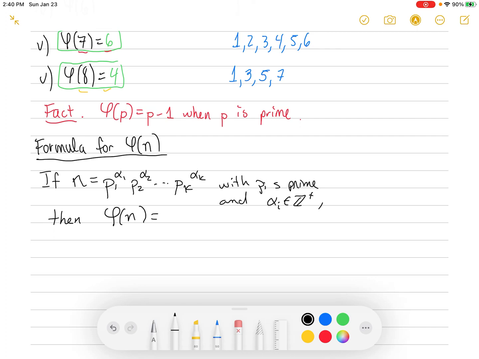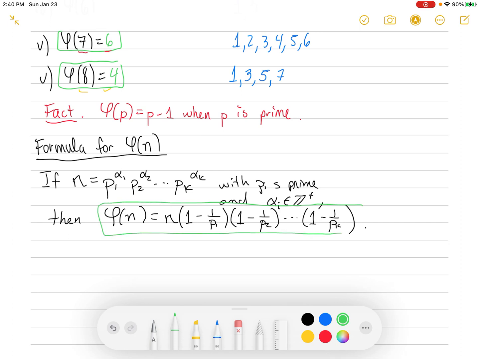Phi of n, the way you calculate that, you take the number n, times 1 minus 1 over p1, that's your first prime, times 1 minus 1 over p2, and so on, 1 minus 1 over pk. You do that for each of your primes. Now the exponents have no bearing on this formula.